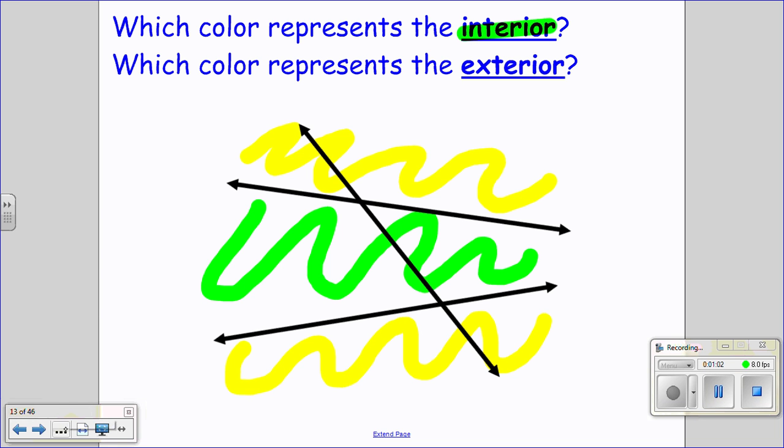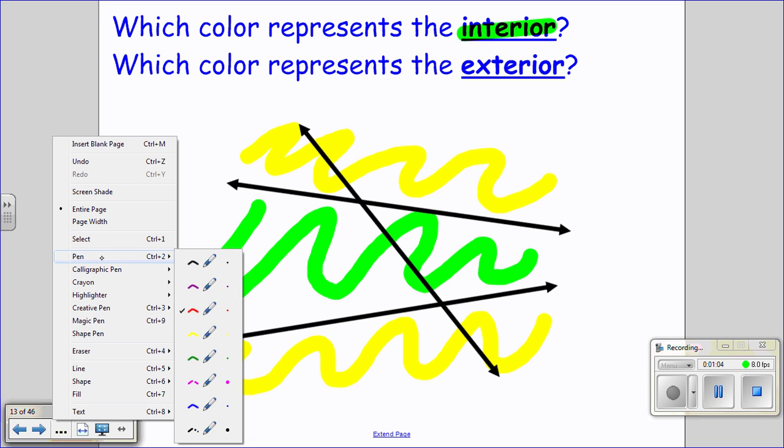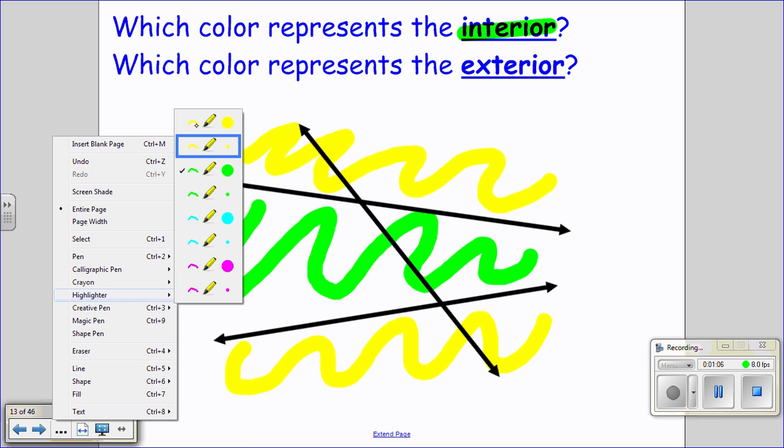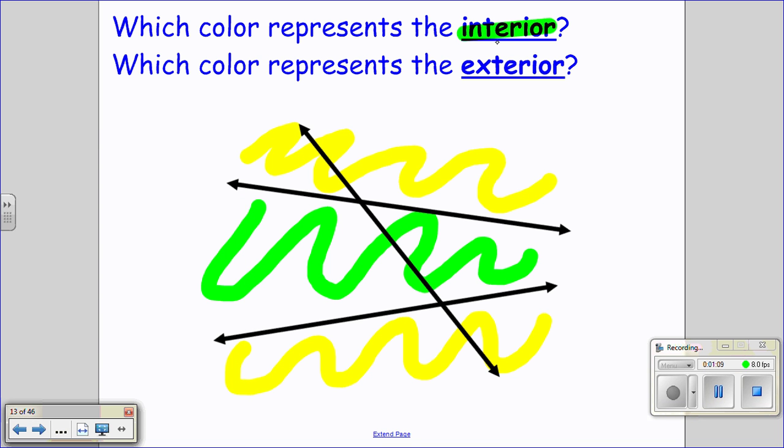So that means exterior is anything outside, so it's represented by the color yellow. So when we talk about transversals and lines, interior you have to be in between the lines. Exterior you have to be on the outsides of the lines.